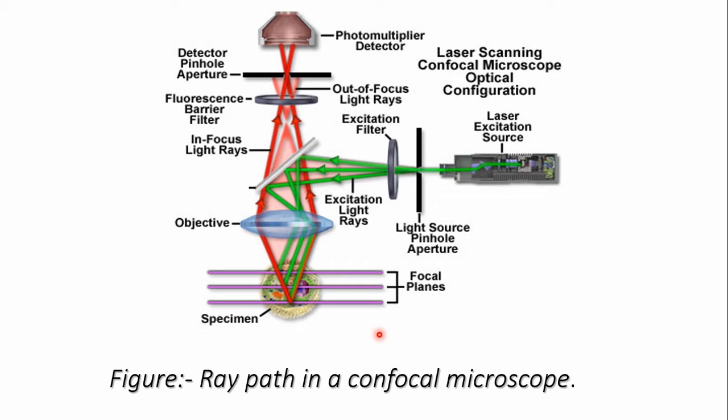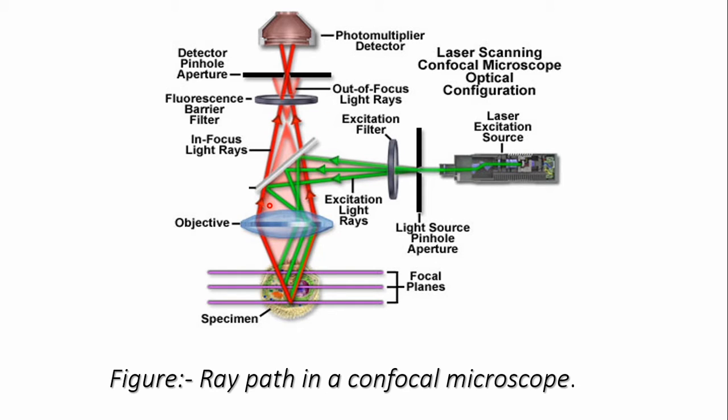So this is a ray diagram of a confocal microscope. In fluorescence microscope, we already discussed the barrier filter, excitation filter, and dichroic mirror. But here also I will explain all the parts of a confocal microscope. Here we see this is a specimen, or we can say our sample, and this is the objective. This is the dichroic mirror.